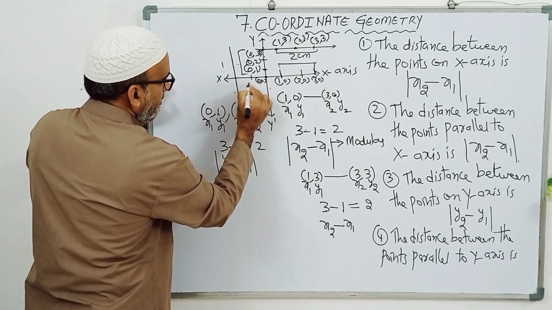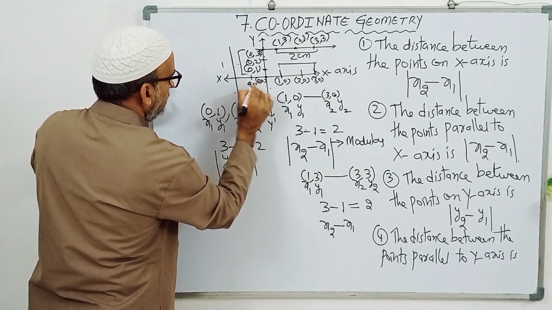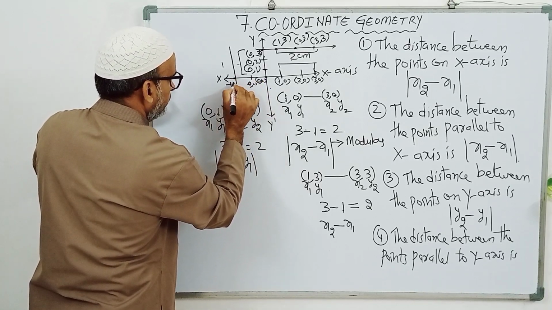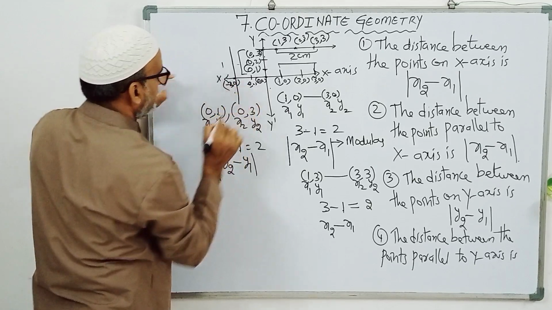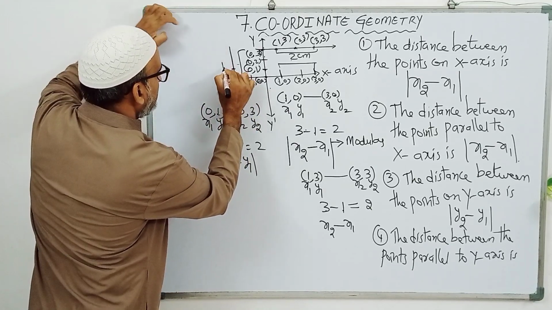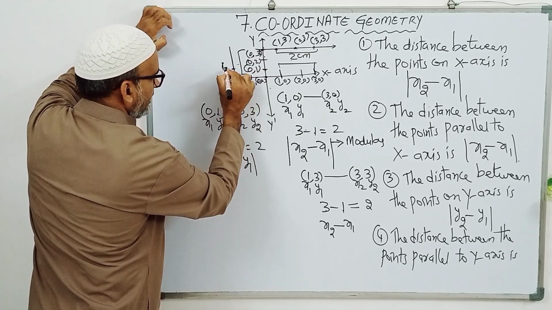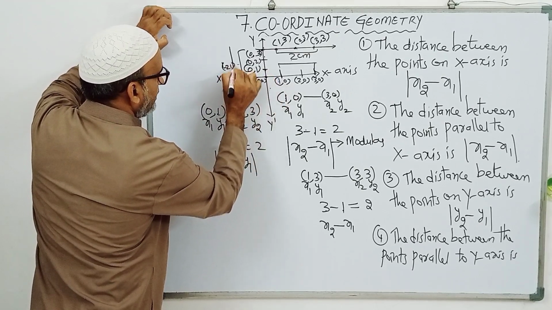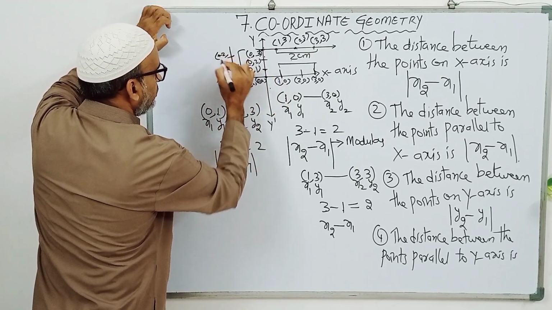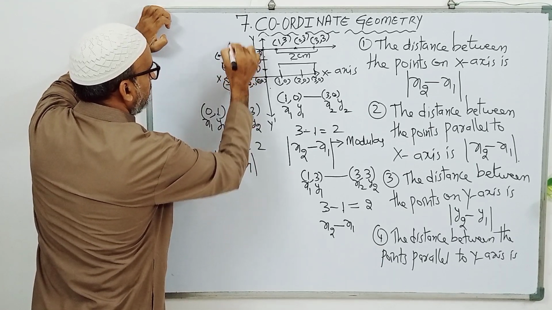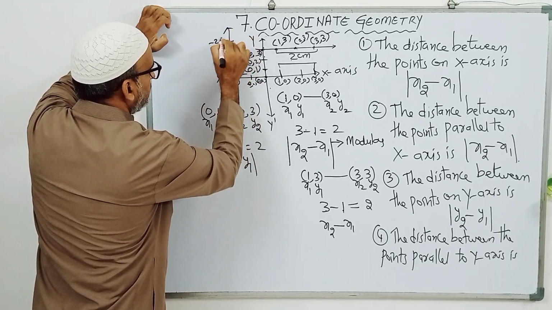Now here minus 1 comma 0, suppose this is minus 2 comma 0. Now here the x point is minus 2, y point is 1. Minus 2, 2. Minus 2, 3.